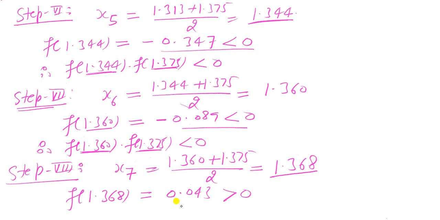In step 8 this functional value is positive, but in step 7 this functional value is negative. It means the root is lying between 1.360 and 1.368. So therefore f(1.360) into f(1.368) is less than 0.